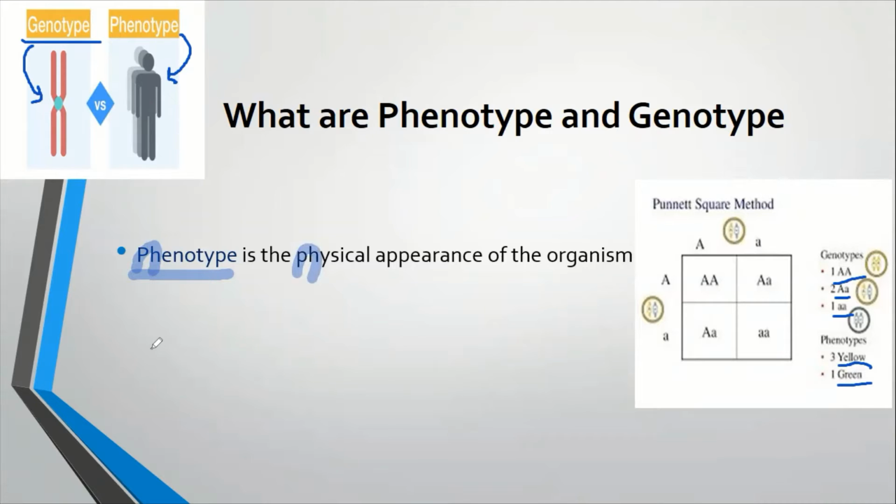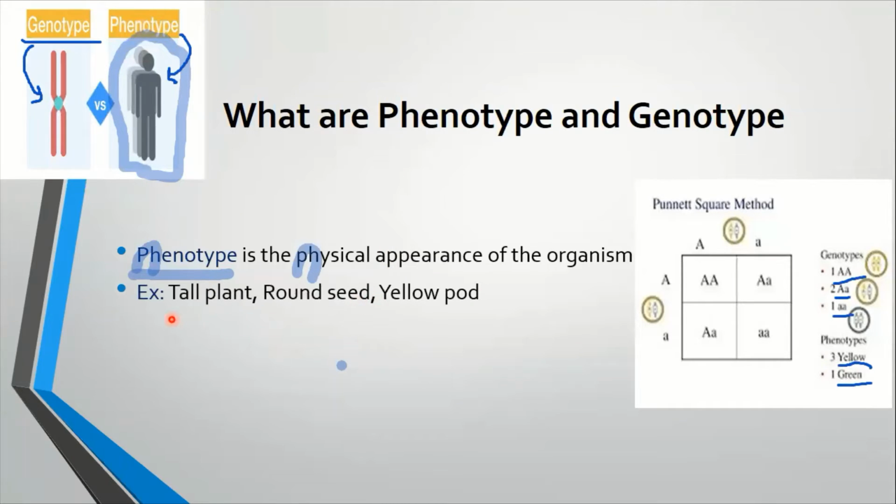Both start with the sound F. Phenotype, physical appearance. So phenotype means the physical appearance of the organism, like we have here, the organism from outside looking. Here we can have a tall plant or a round seed or a yellow bud, short plant, wrinkled seed or green bud.